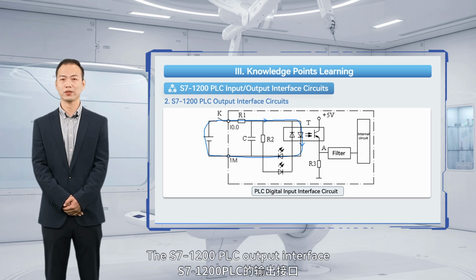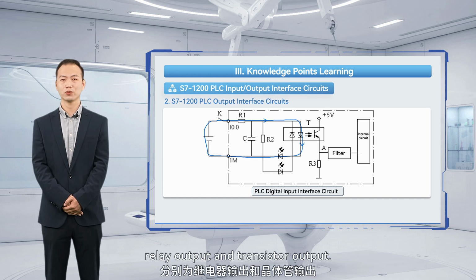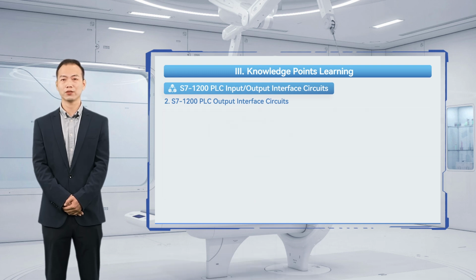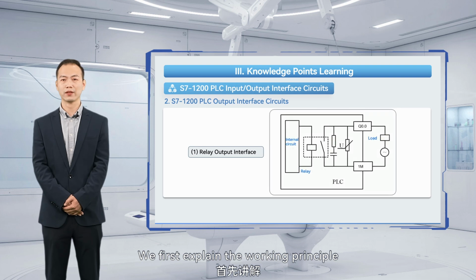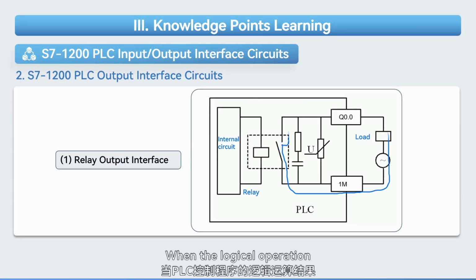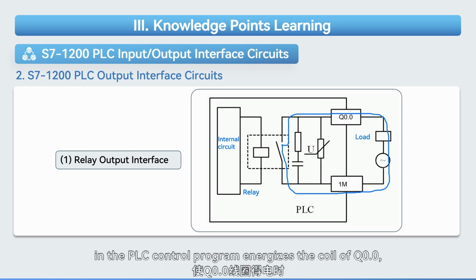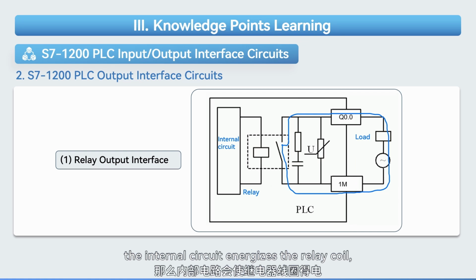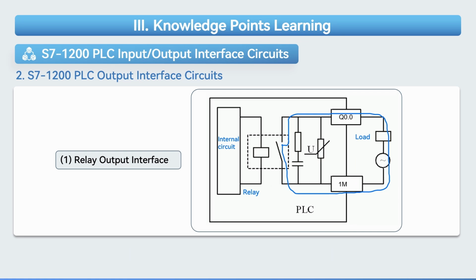The S7-1200 PLC output interface comes in 2 types: relay output and transistor output. We first explain the working principle of the relay output interface. When the logical operation in the PLC control program energizes the coil of Q0.0, the internal circuit energizes the relay coil, closing the contacts.